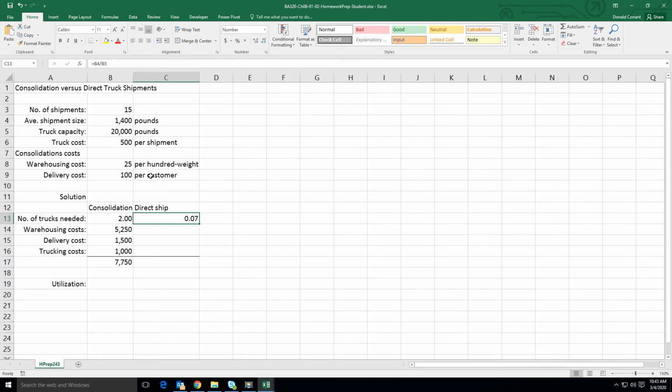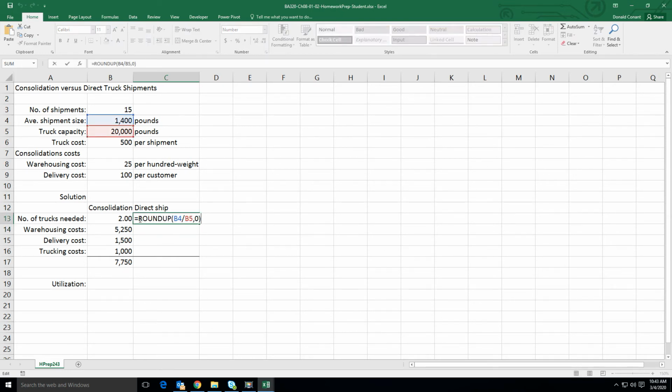So I'll go ahead then and round up this value. Zero places behind the decimal. And that gives me 1 truck. I only need 1 truck to haul my average shipment.